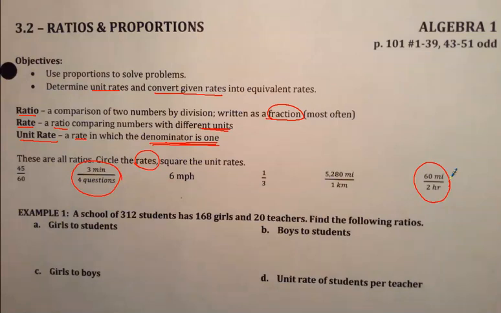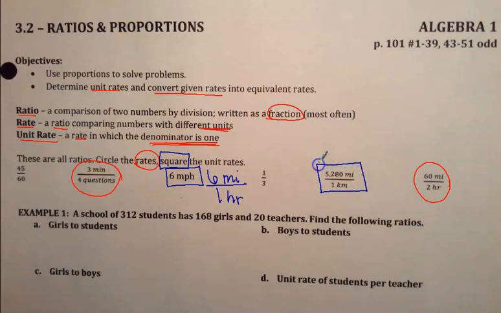And now we want unit rates. We'll put a square or rectangle, maybe I should say a box, around the unit rates. This one is a unit rate because it's 6 miles per 1 hour, so it has a 1 in the denominator. 5,280 miles per 1 kilometer is also a unit rate because it has a 1 in the denominator. 45 sixtieths and 1/3 are just ratios.